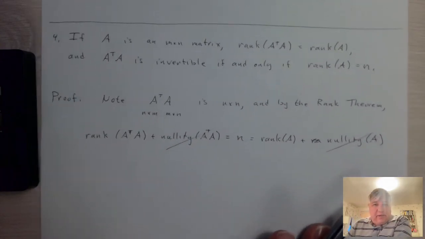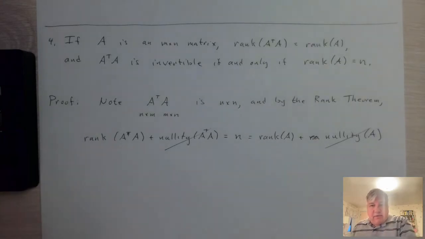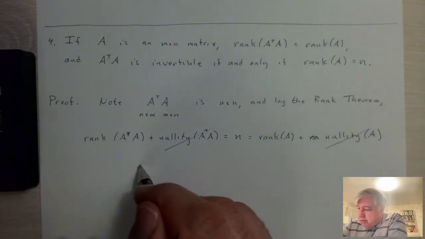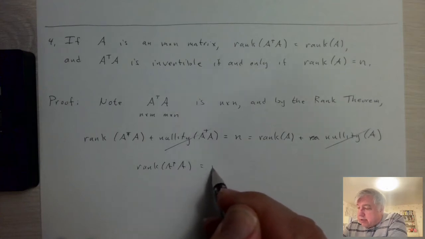Remember, the nullity is the dimension of the null space, so if the null spaces are the same, the nullities are the same. And that means the rank of A transpose A is equal to the rank of A.